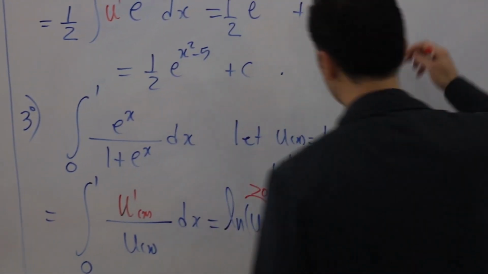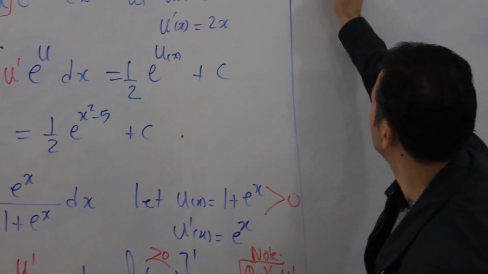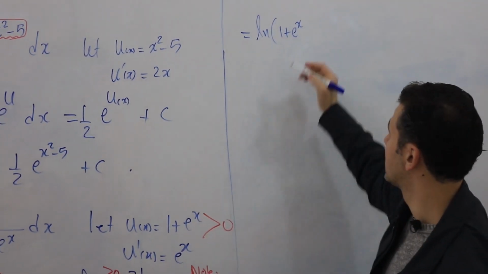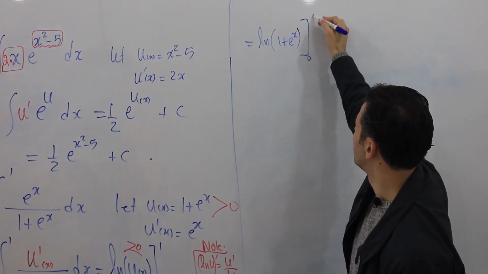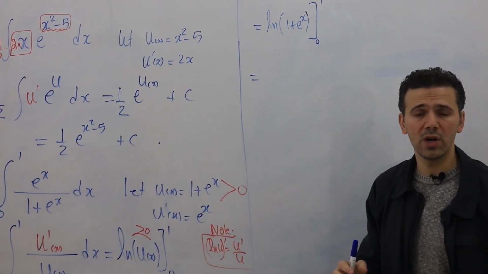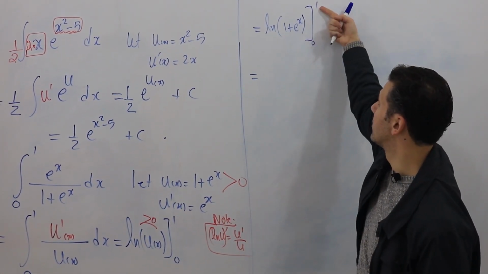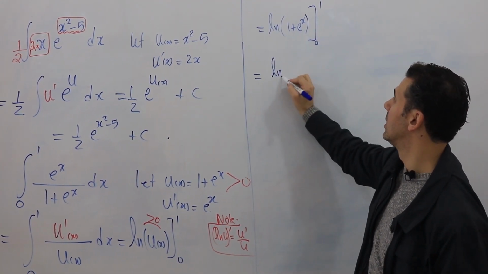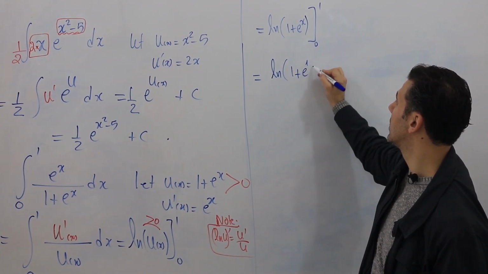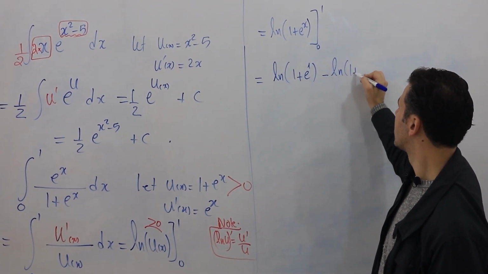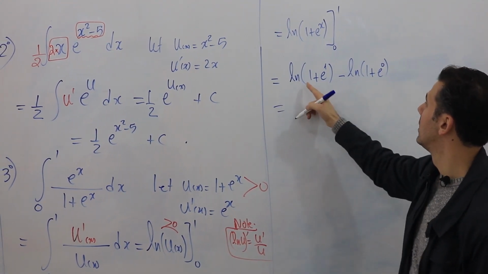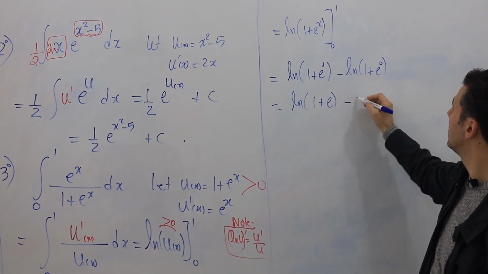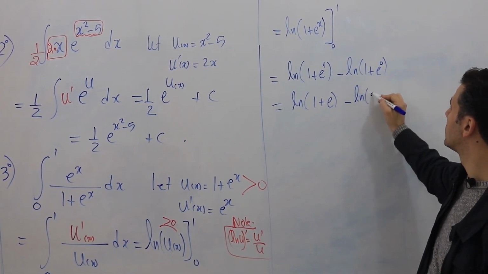It will be ln(1 + e^x), we just replace u(x) by its value between 0 and 1. And as you know, we substitute first the upper limit, then subtract the substitution of the lower limit: ln(1 + e^1) minus ln(1 + e^0), which is ln(1 + e) minus ln(1 + 1), which is 2.